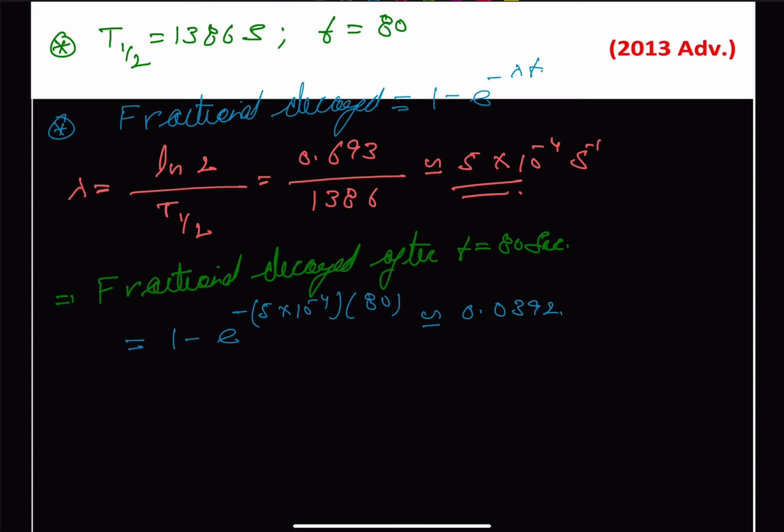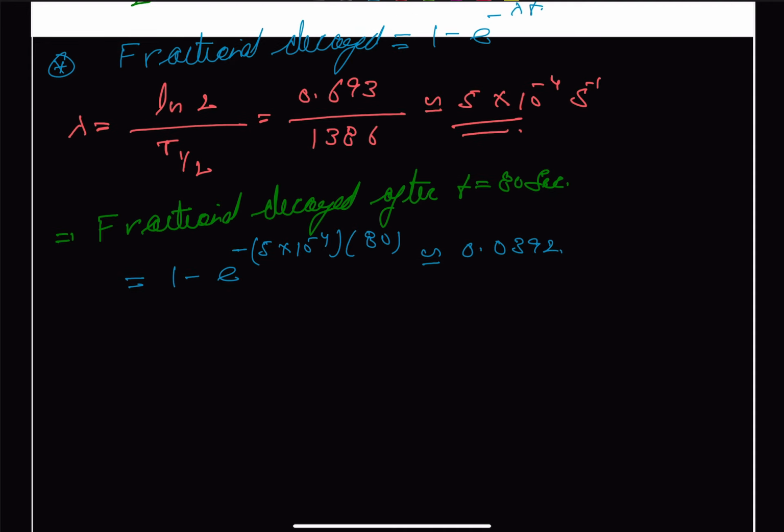It has to be converted to percentage, so multiply by 100, so it is approximately 3.92%, and to the nearest integer we can write that this is approximately equal to 4%.